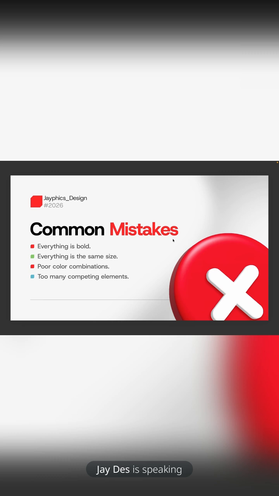Right. So it is very important to always know what we are doing when we want to implement design principles. When you do your hierarchy, you already know the big text is staying where you need it to stay.